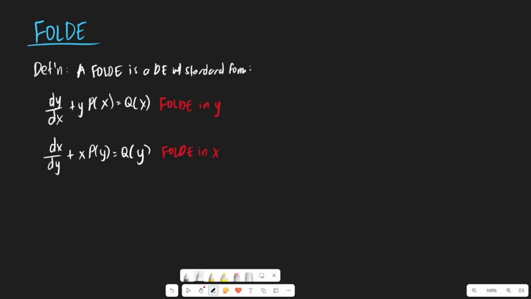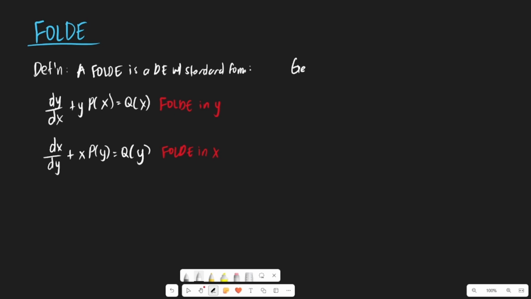So basically, when solving a FOLDE, we are given a FOLDE, then we need to make it into a standard form of these FOLDEs. Then, after we made it into a standard form, we can now find the general solution using these formulas.